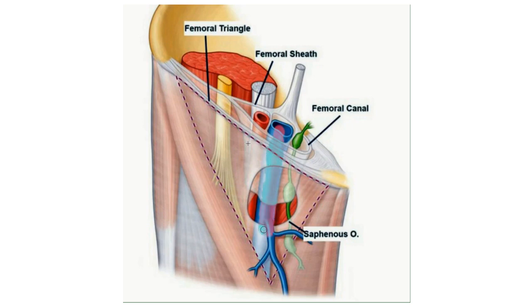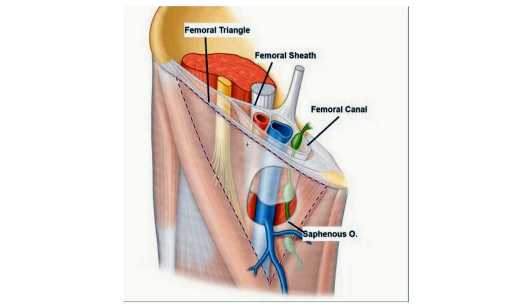And along with the femoral vein, we must have the femoral artery. And along with the femoral artery, the most lateral structure is the nerve, which is the femoral nerve. Okay, and these in green are the lymphatics and lymph nodes, which are present most medially. So that was all about the contents of the femoral triangle.